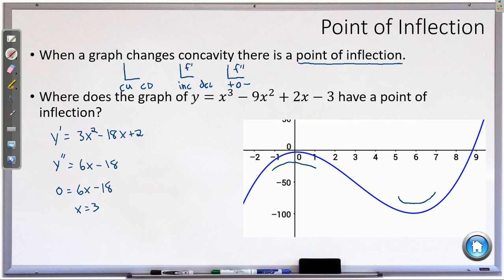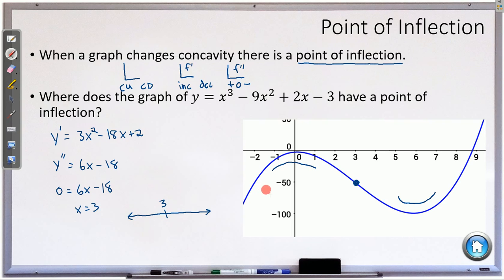Now here's one thing. We obviously have a point of inflection. It's right here now. We know it's at x equals 3. I gave you the graph so you can see it. But if you don't have the graph, you do have to check to make sure this is in fact a point of inflection by doing a sign chart. So put 3 here.